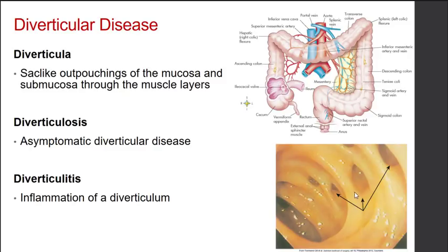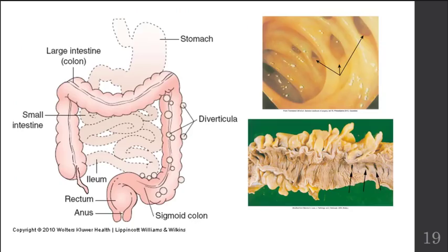Now let's have a look here a little bit closer so that you can understand what these diverticula look like. So here are these sac-like outpouchings, and what you can't see from this internal endoscopic view is it just looks like openings. But really, if you can picture it ballooning outward. Okay, so outpouchings, and we can see in the next image a little bit clearer those diverticula, which on the inside look like these openings and on the outside look like these balloon structures.